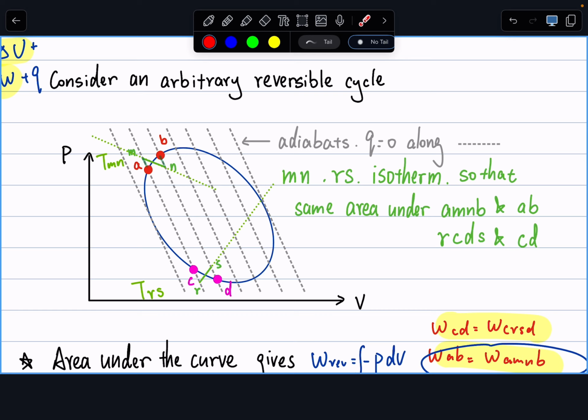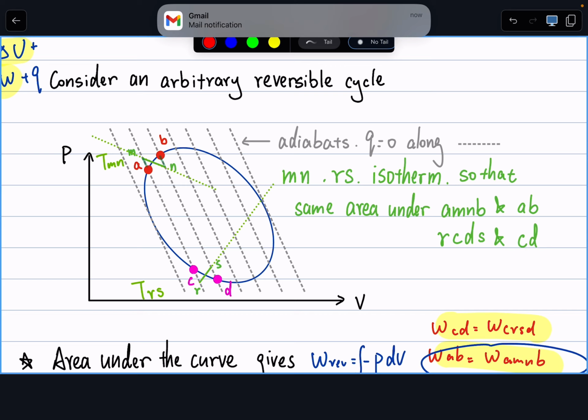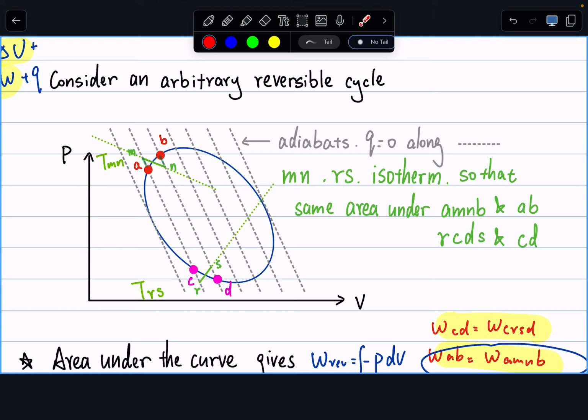All right, and remember when we're talking about an infinitesimal strip like AB or CD, let's replace AB and CD with their actual identity, which are infinitesimally small strips on a random reversible cycle. So that gives us the overall integral of dq over T equals 0 for any reversible cycle.